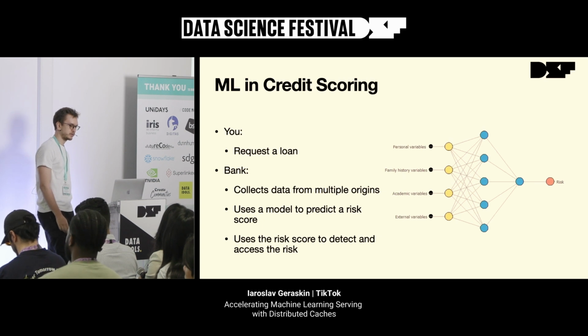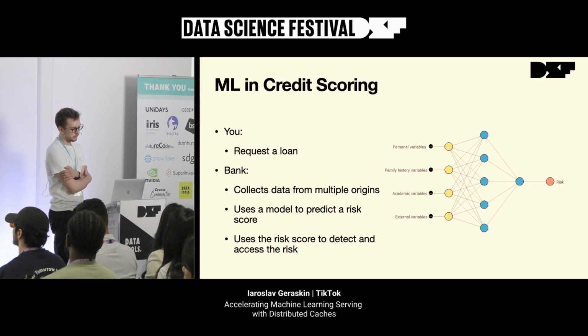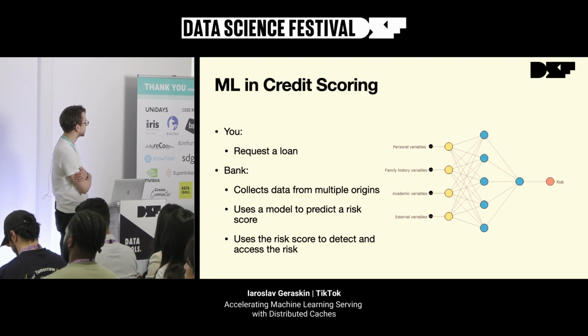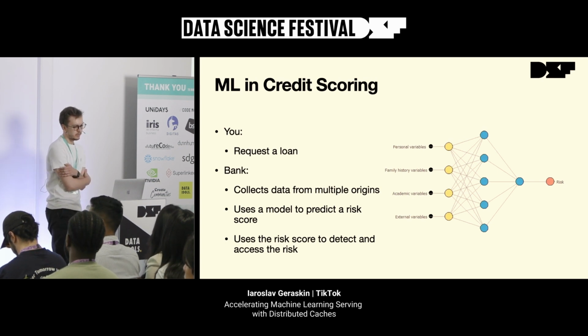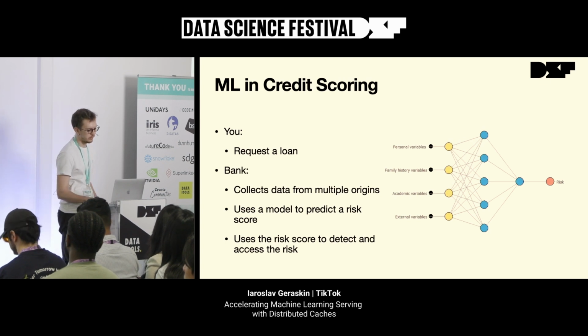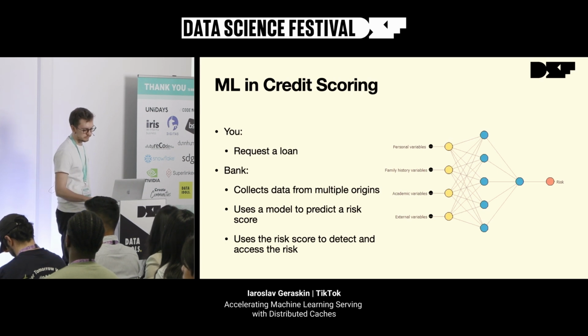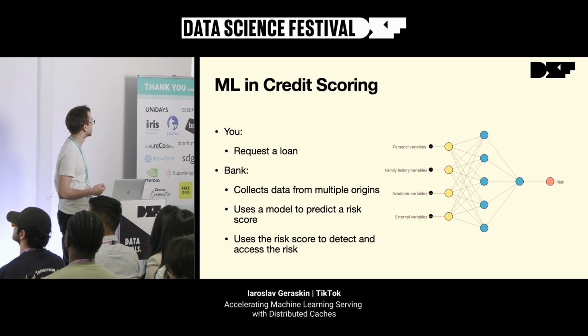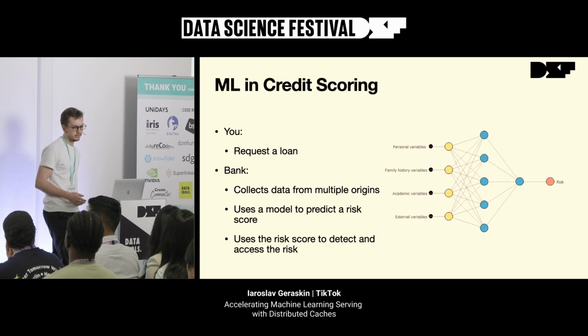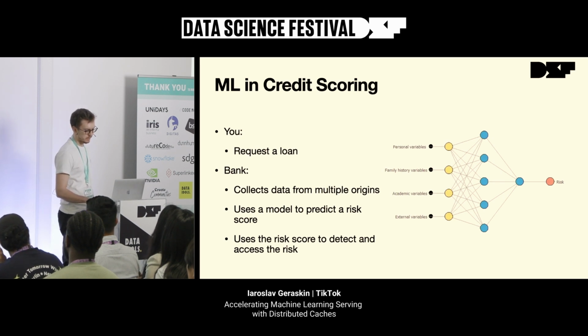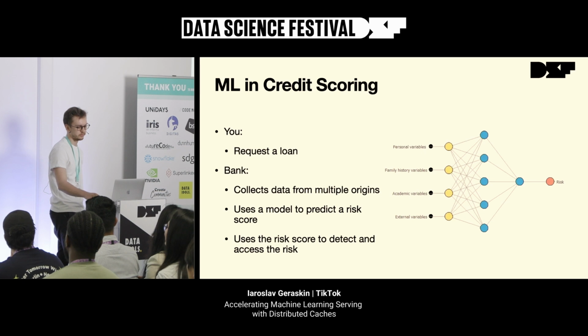Based on this risk score, it will offer you different terms, or maybe reject or accept your loan request. And the same thing can happen in social media in different ways. There are a lot of risky behaviors that accounts on social media platforms can take, and some of them are kind of similar to credit scoring in banks.